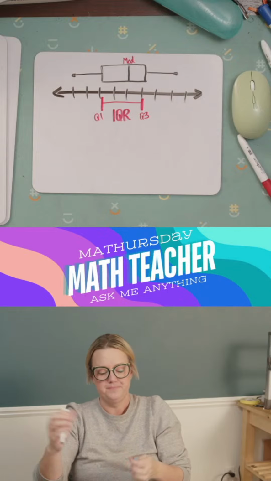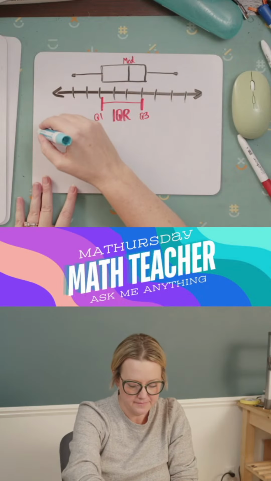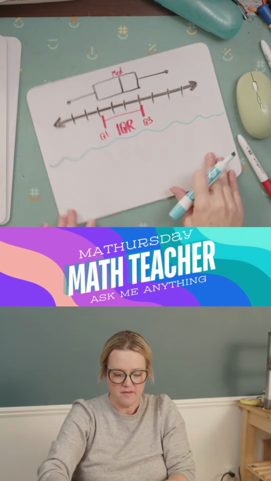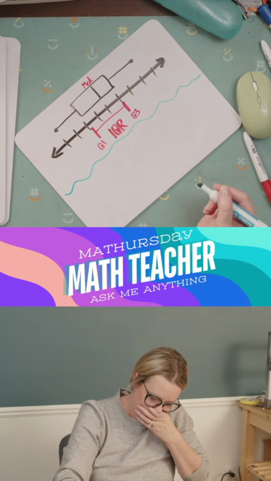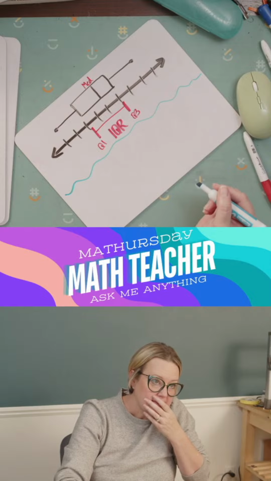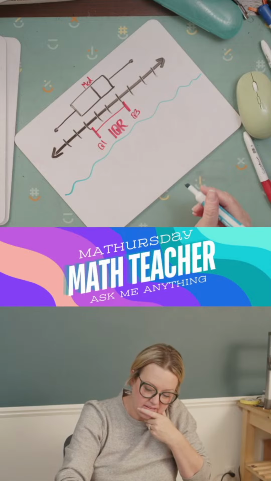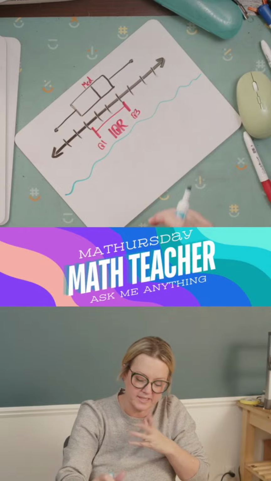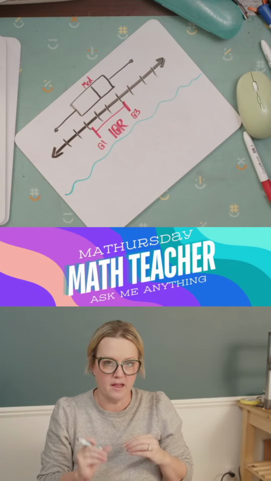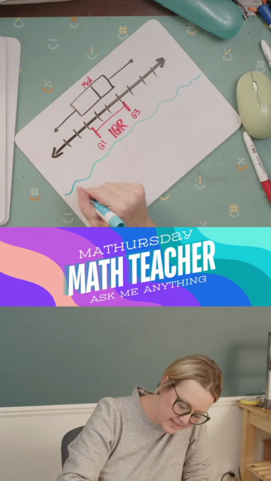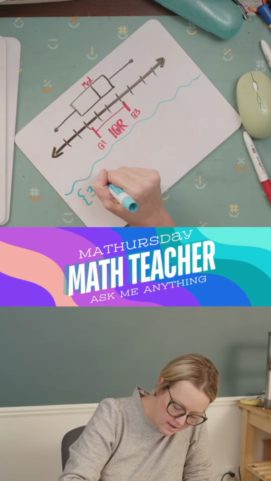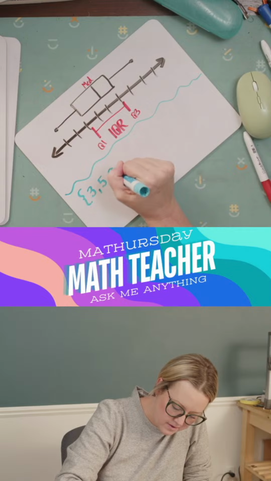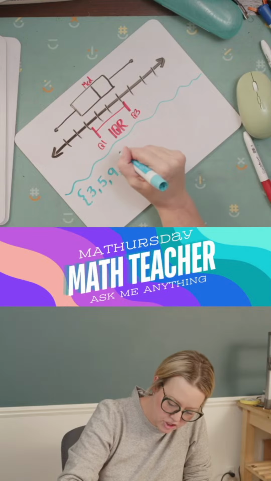For example, this is going to be hard with just a few points, but let's just take a snippet of some data. Let's say that part of my data set is 3, 5, 9, and 2.